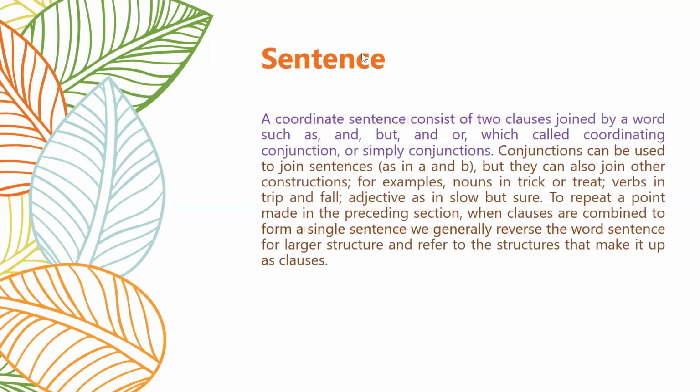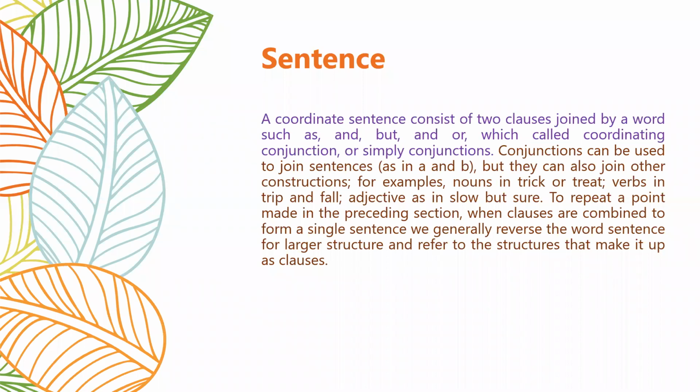This is the very basic example of the structure of a coordinating compound sentence. Now, a coordinate sentence consists of two clauses joined by words such as and, but, and or. These coordinating conjunctions will function as the connector between these two independent clauses.